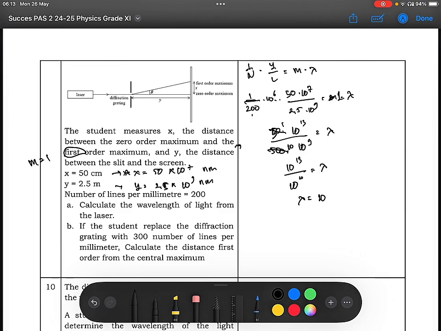That is 100 nanometer. So the student replaces the difference in spacing with the number of lines. Calculate the distance of the first order. With the same lambda, you change the per n.